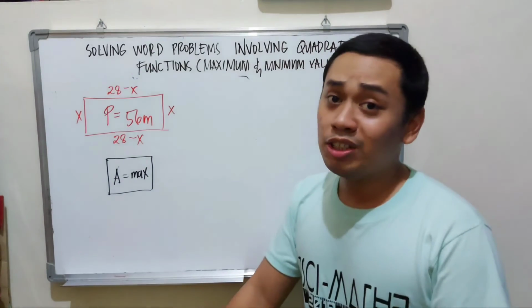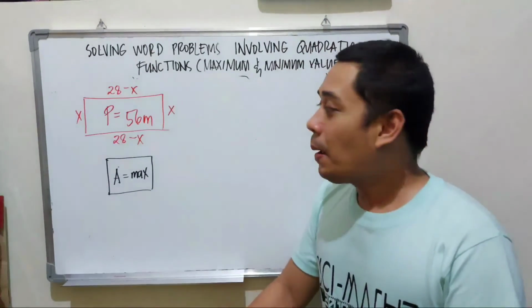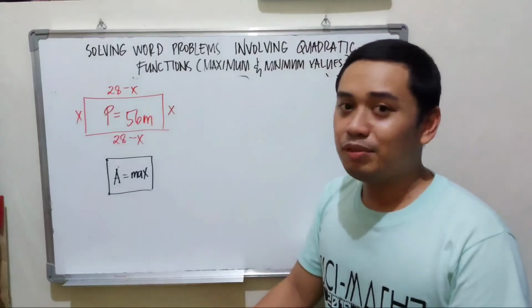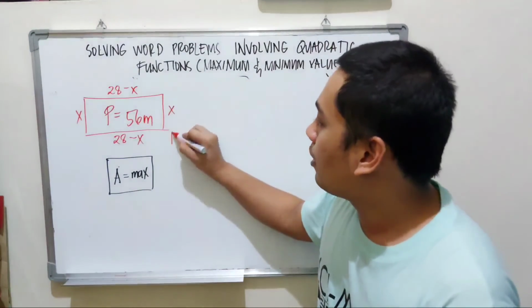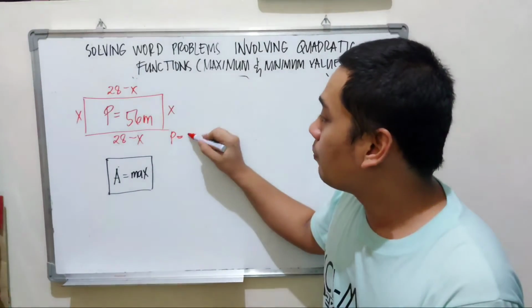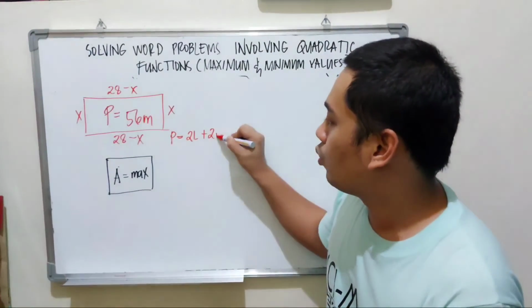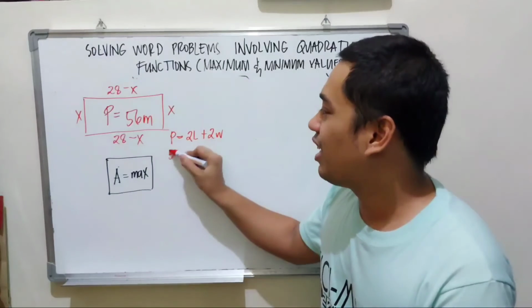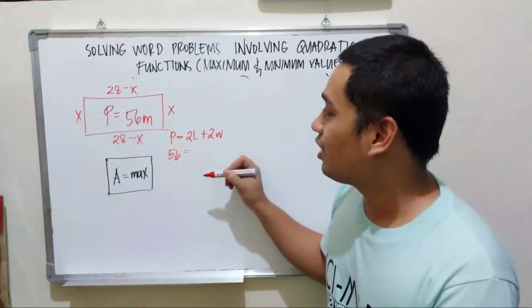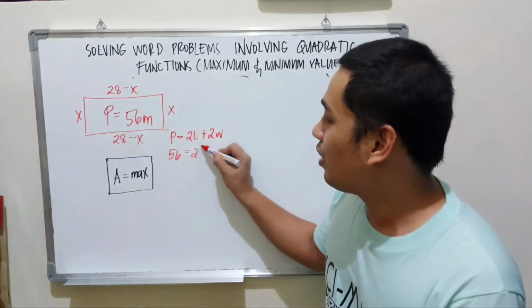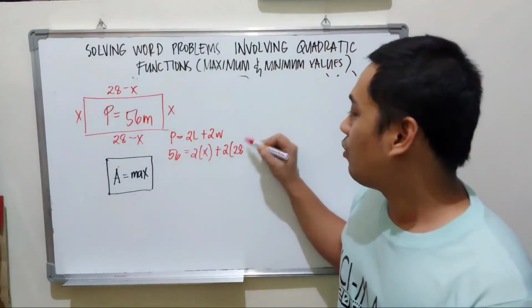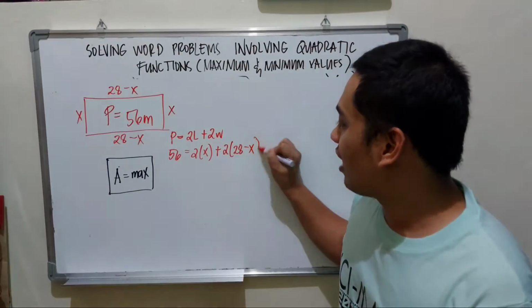So, para makuha uli natin yung identity na pasok para sa ating maximum value ng ating area, we need to use perimeter is equal to 2 length plus 2 width. So, ang perimeter natin ay 56 meters is equal to, ang length mo daw ay dalawa yung x plus dalawa rin yung 28 minus x.